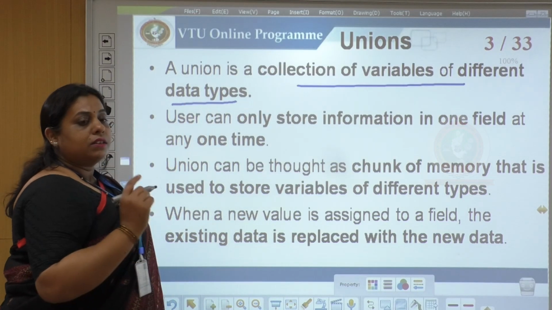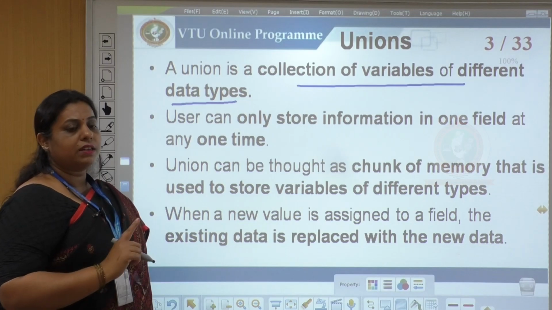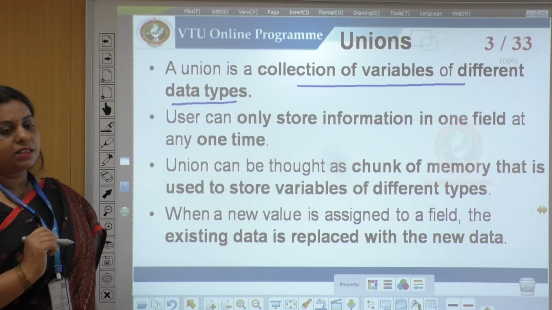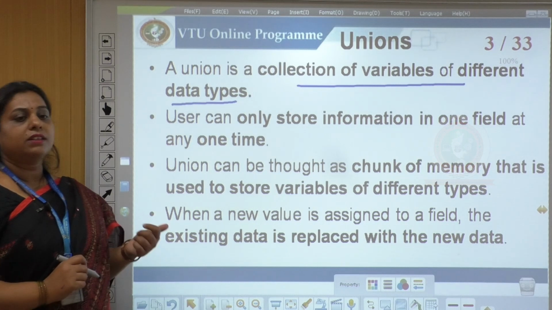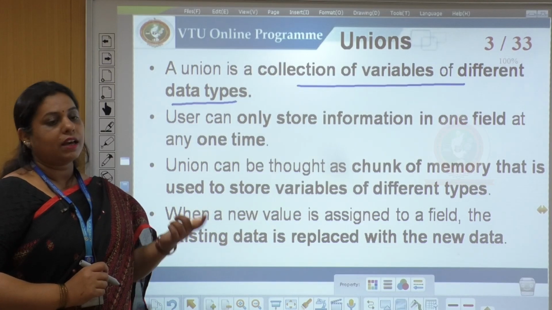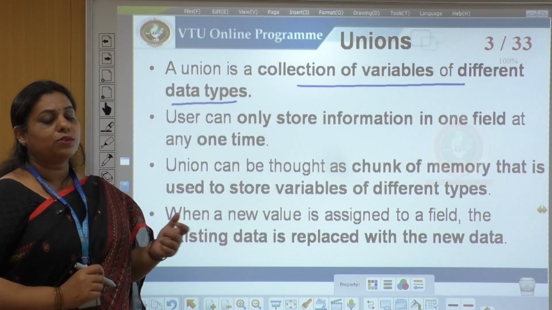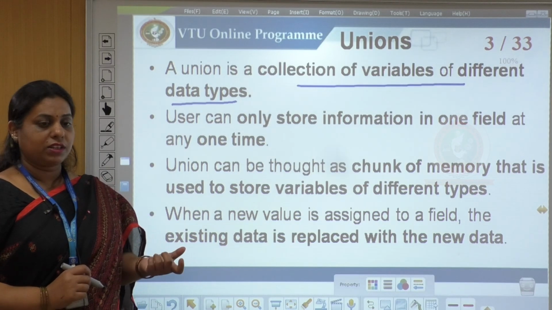But the main constraint on the union is that at one time I can access only one field of the information present in the union. That is, at a given time either I can read or write the roll number, or his name, or his marks, or I can calculate the average.